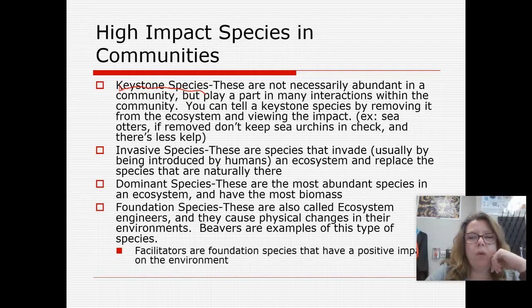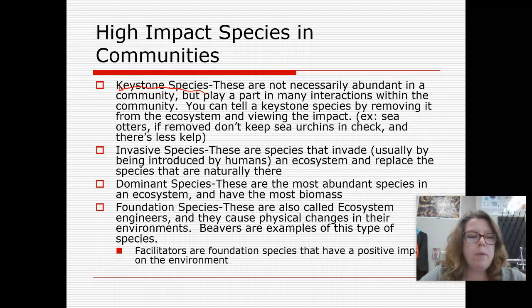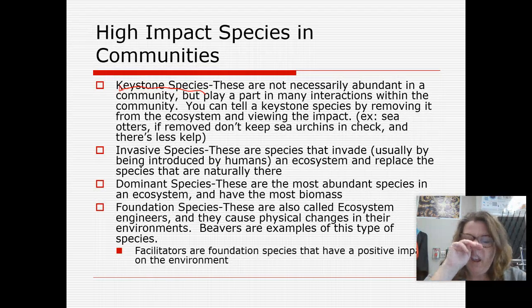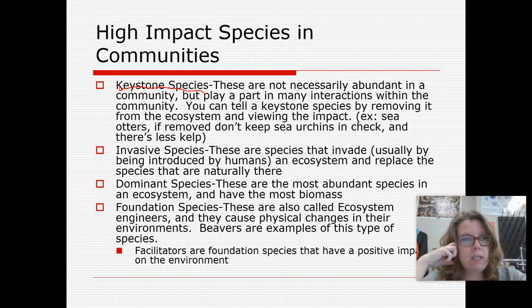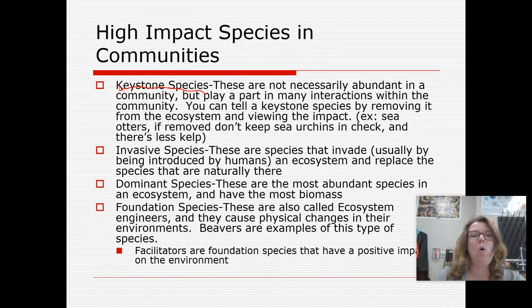If you remove sea otters from their population, what happens is, sea otters live in an area known as the kelp beds, and it's a protected ecosystem. They eat sea urchins and therefore keep the sea urchin population in check. If you don't keep that sea urchin population in check, the sea urchins overpopulate and start to eat the kelp, and that destroys the whole ecosystem.